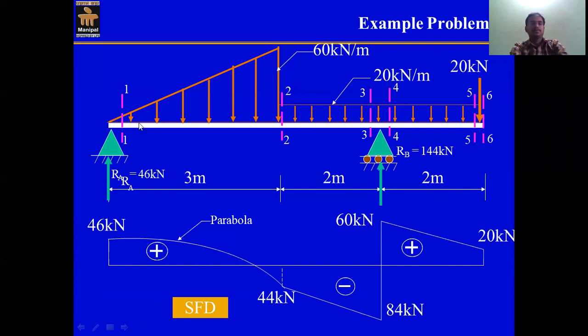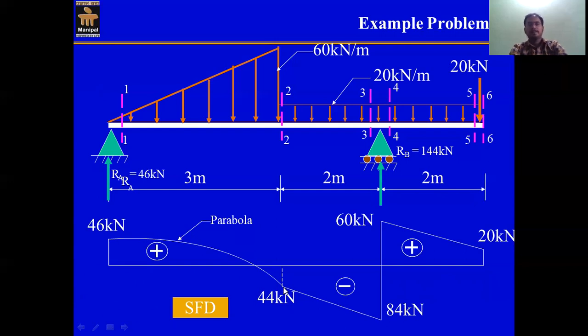Now, in the shear force diagram, a parabolic curve we get in between, as this uniformly varying load will create a parabolic shear force effect. It is in the upward, positive direction, whereas at section 2, 2, at a distance of 3 meters, the value is 44.